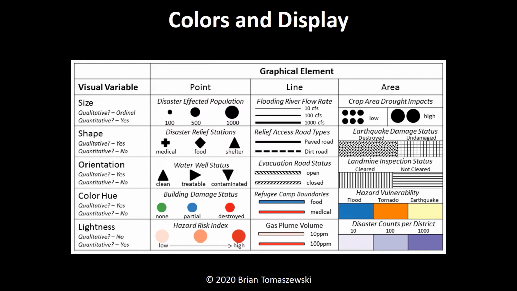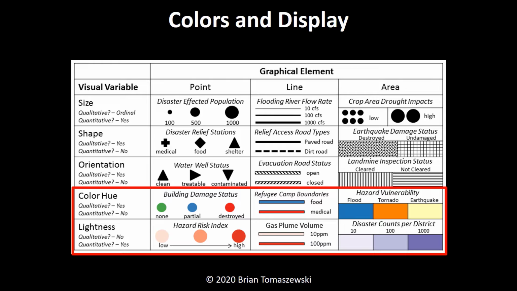Another important concept about mapping numerical data in particular are the colors and how you display the data. This graphic shows the idea of visual variables, or visual devices that are used for presenting data on maps. For showing coronavirus data, pay particular attention to the ideas of color, hue, and lightness.